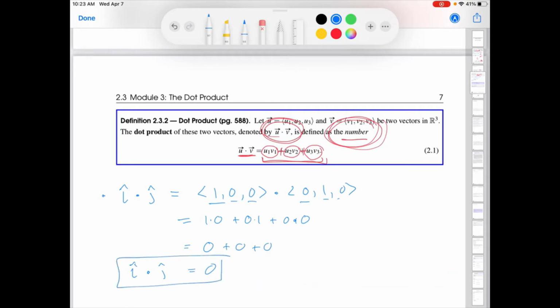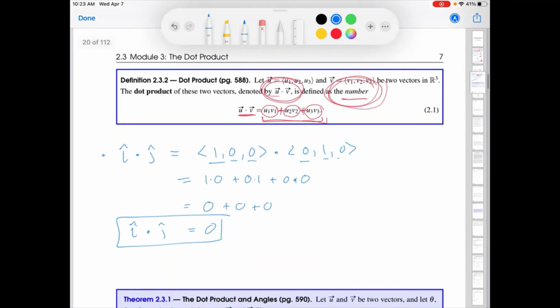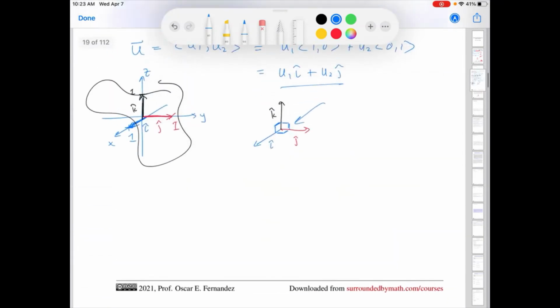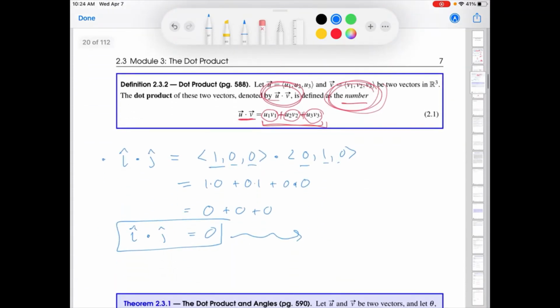And, of course, anytime you get 0 in math, you might suspect that there's something special going on, or that you made a bunch of mistakes somewhere. Often both of them are equally likely. In this case, though, there is something special going on. So we already saw up here that i hat, j hat, and k hat are all mutually perpendicular to each other, or orthogonal. That's another word to say this. And here we are calculating the dot product and getting 0.